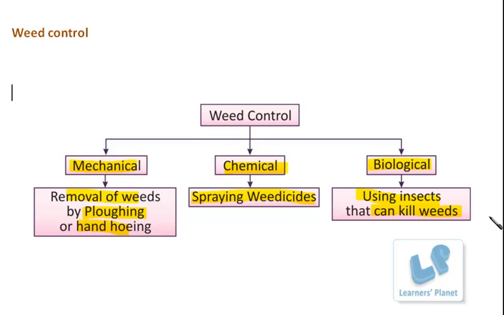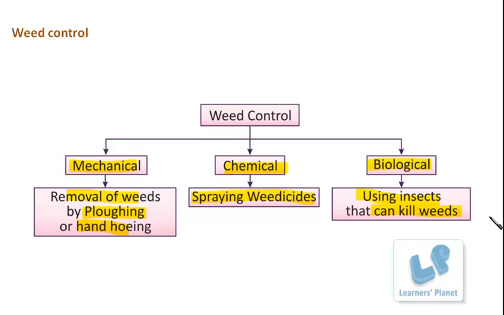So if a type of weed is growing in a particular field, definitely these insects can be spread there in the area, and they will feed on the weeds, and definitely they can control the growth, isn't it? So of course, if the weeds are controlled, alternatively the crop production is improved, right? The crop which is growing over there is protected against the weeds.